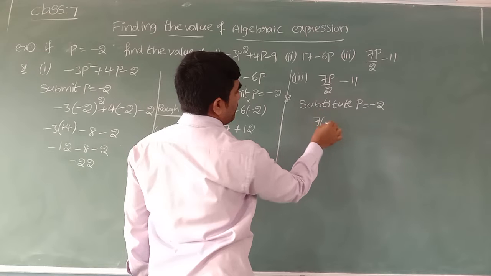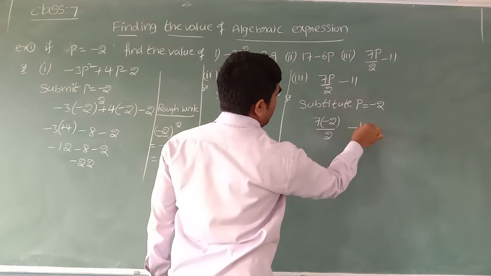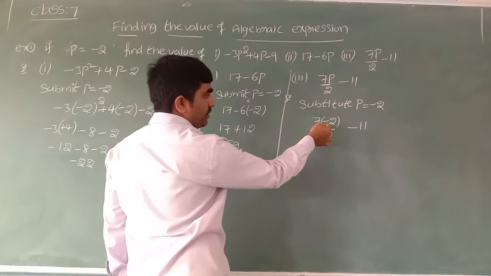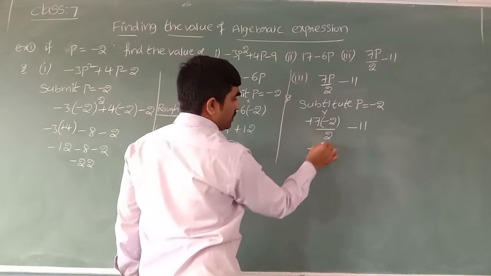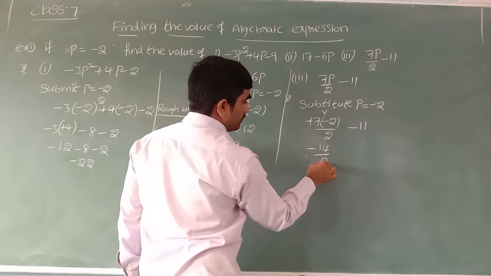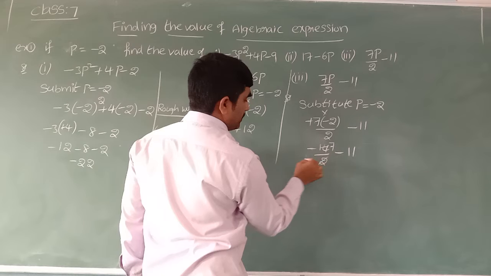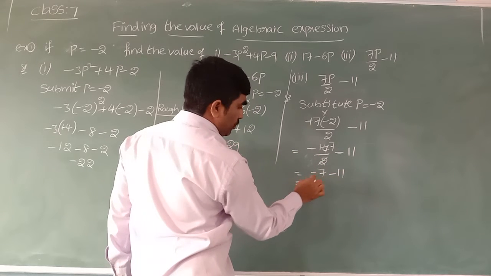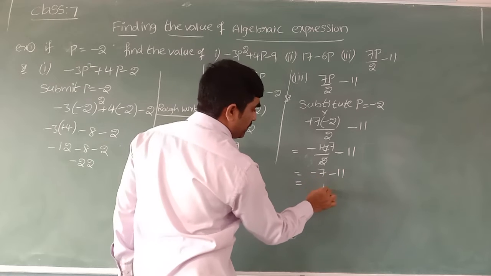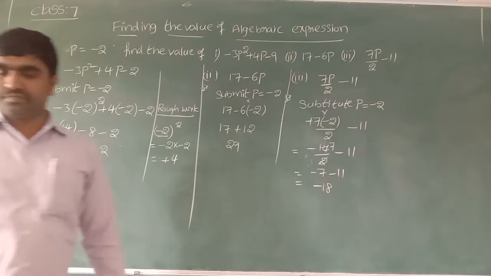In the place of p we can write 7 into minus 2 by 2 minus 11. Both you can simplify: bracket means multiplication, plus into minus, 7 twos are 14, by 2 minus 11. 2 ones are 2, 7 ones are 7, so minus 7 minus 11. Both have the same symbol, so addition: 11 plus 7 is 18. Then the bigger number's symbol is minus.